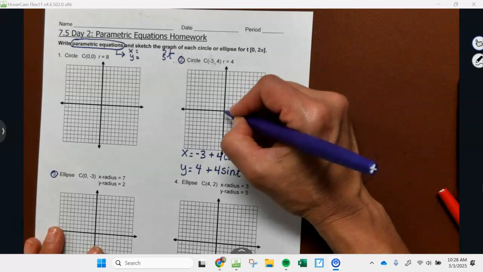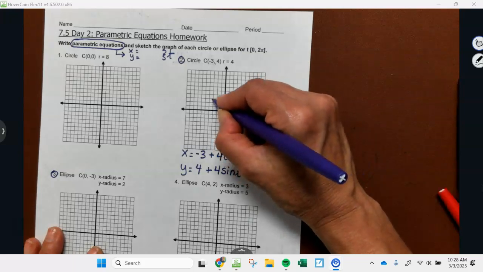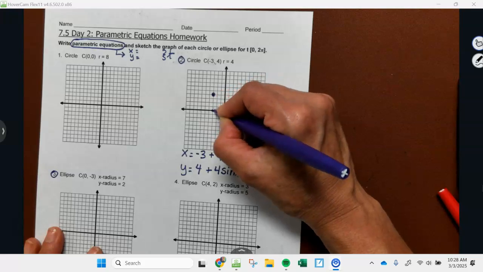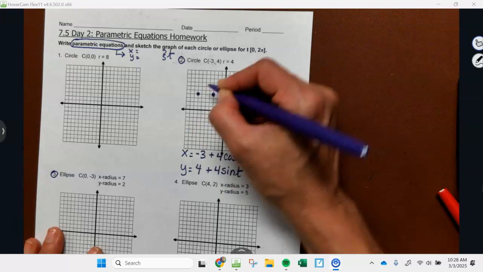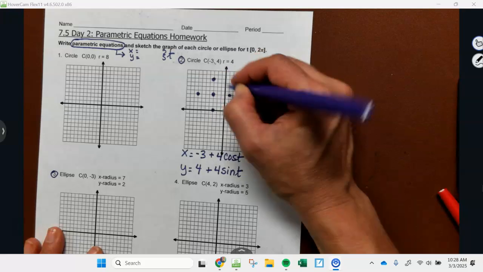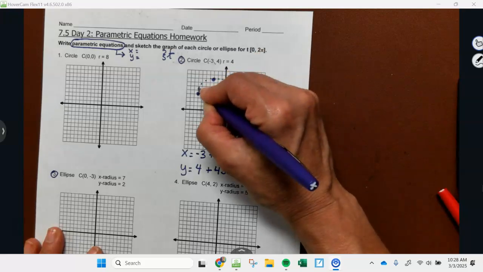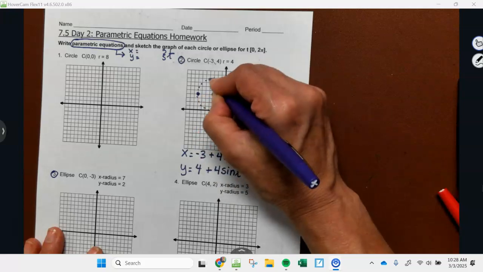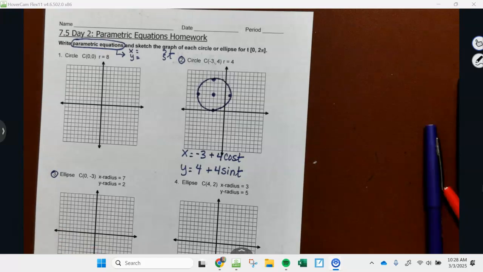And if I just graph that at -3, +4, and remember, we just need to sketch the shape. All right, that's number 2.